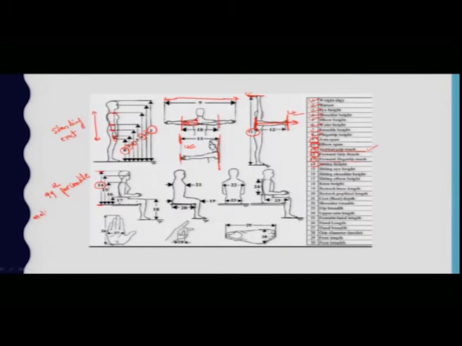We use 99 percentile male sitting height to specify minimum overhead clearance.